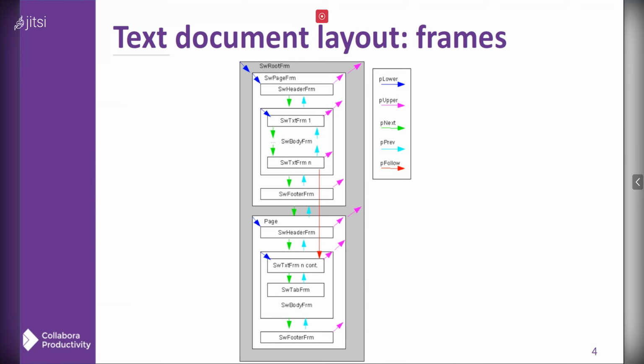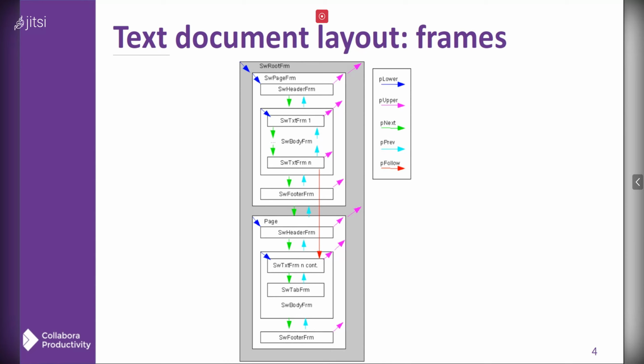You can go to the next or previous one. So a frame at the start of a page won't have a previous one, but will have a next one, and the frame at the bottom of the page will have no next frame. We also have some precede and follow relationships for split frames, like this split text frame. In case you have a paragraph which is spanning over 2 pages, then you will have a split text frame there. That's roughly how we can navigate.